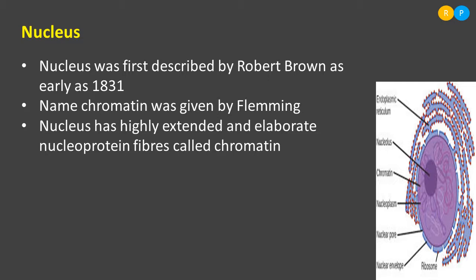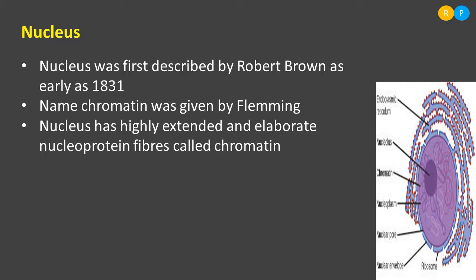Understood? And coming to the structure, the nucleus is a membrane-bound cell organelle because it has its own membrane. So how many membranes can we find in the nucleus? There are two membranes present in the nucleus, the outer membrane and the inner membrane.